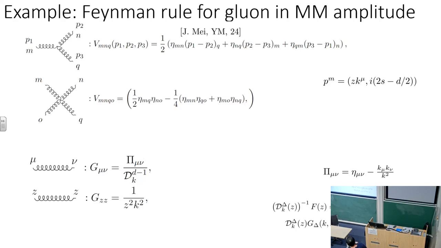This is the inverse equation of motion operator, which acting on some function gives you the convolution of the function with the Green's function, the bulk-to-bulk propagator, and this is the OPE pole that we will give some more insight on later. Okay, this is the usual way. We can write down the Feynman rule for a simple theory.